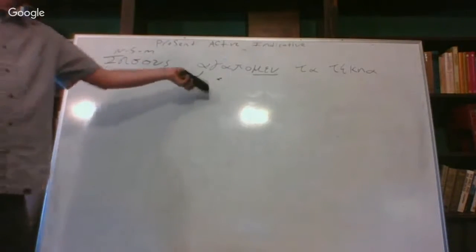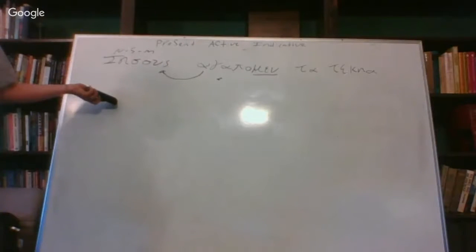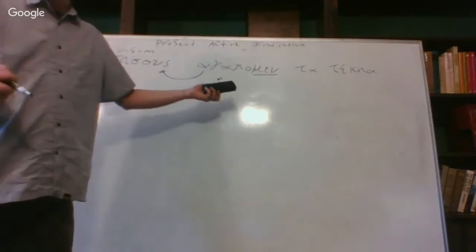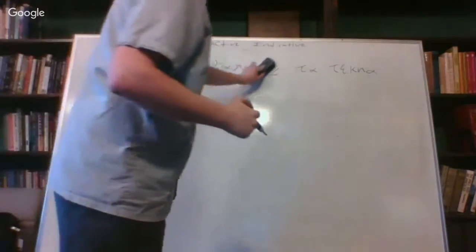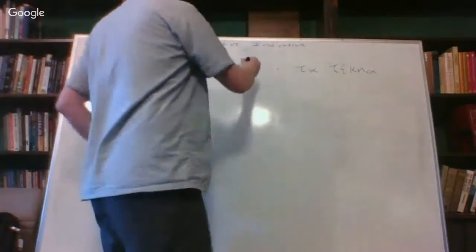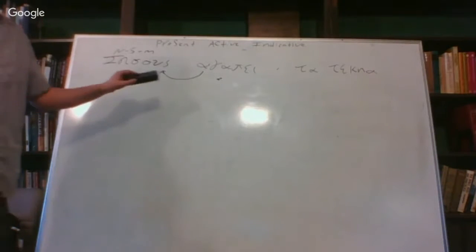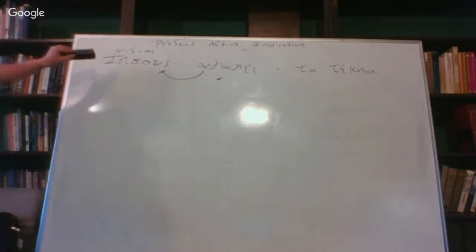So this verb does not go with this noun. It would have to be Jesus agapa. Let me change that for you. Agapa ta tekna. Jesus loves the children. So the verb has to agree in number and in person with the noun it's modifying.